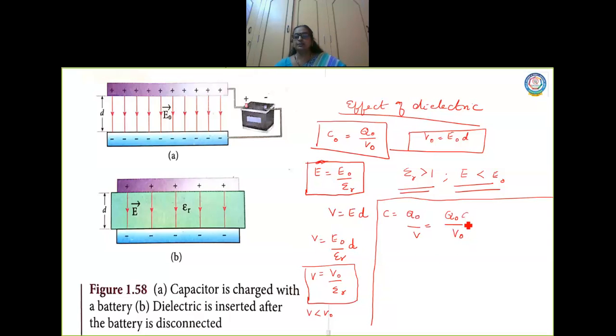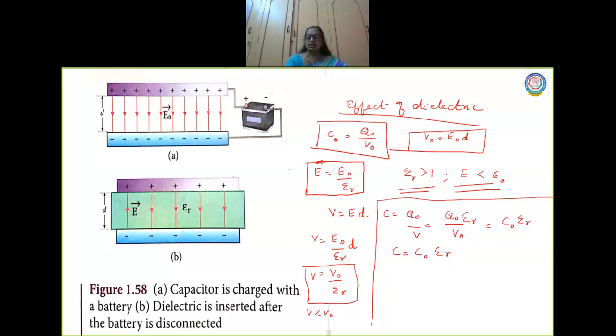Now that will come to the numerator. So here is the capacitance: C is equal to Q naught epsilon R by V naught. So what is Q naught by V naught? Q naught by V naught is nothing but C naught. So C is C naught into epsilon R. This is the capacitance when a dielectric is introduced.